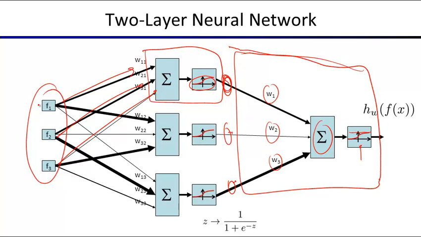The result of the classifier is fed in as the first feature to this final perceptron. We have a second classifier over here feeding its result into the final classifier, and a third classifier over here feeding its result in here. So rather than using the original features, we learn 3 classifiers from the original features, and then the results of these 3 classifiers are fed into the final classifier.